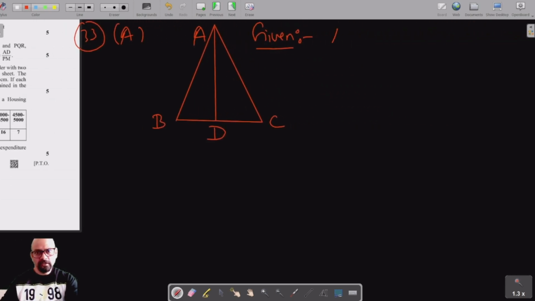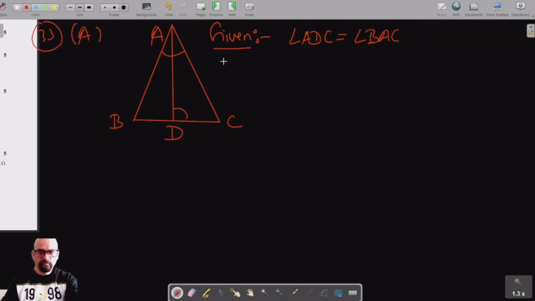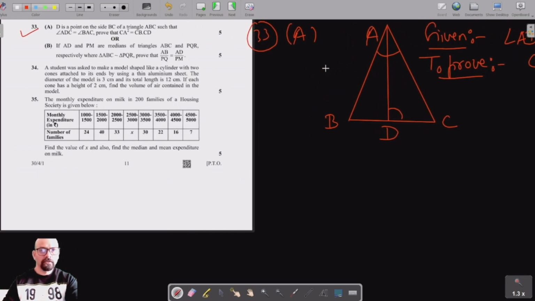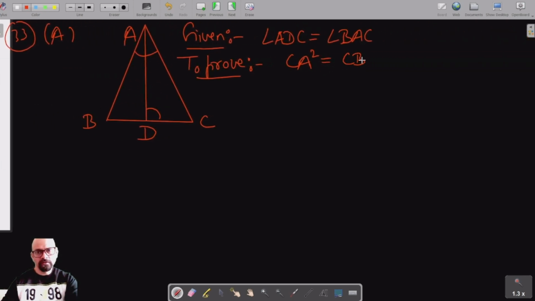It's given that angle ADC is equal to angle BAC. And we have to prove that CA square is equal to CB into CD.